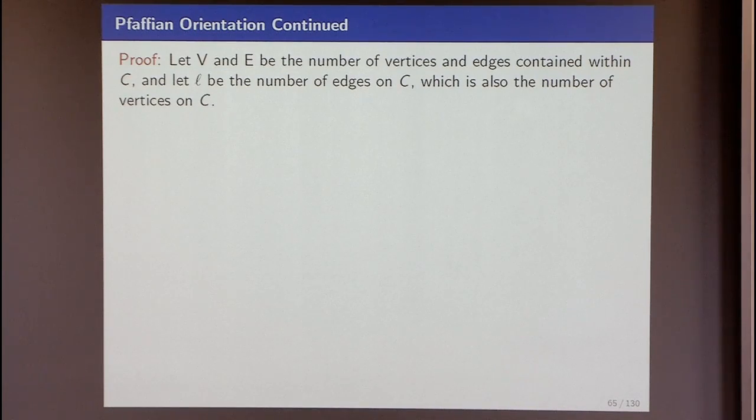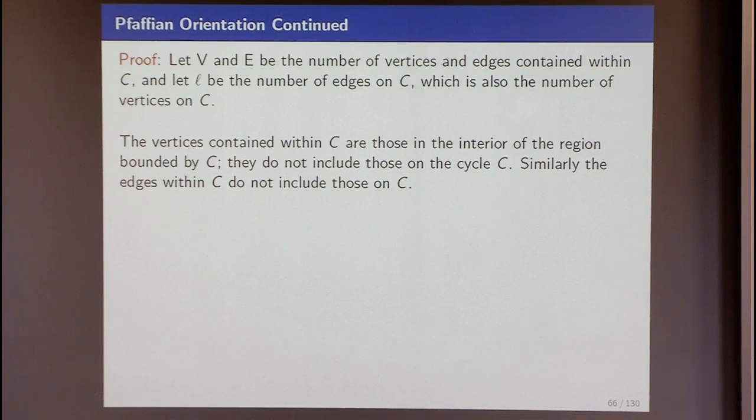So when I say inside, I don't include the number of vertices on the cycle. Okay. So let V and E be the number of vertices and edges contained inside this cycle. And let L be the number of edges on the cycle, which is also the number of vertices on the cycle.